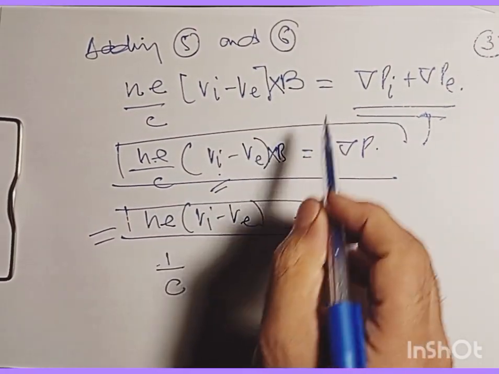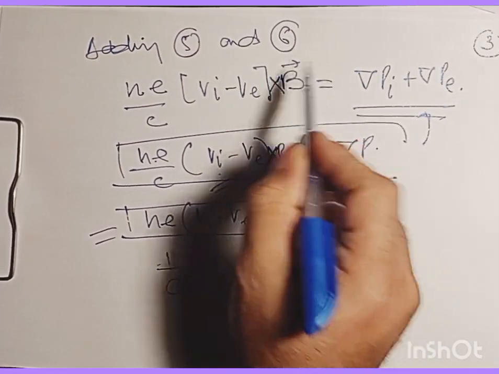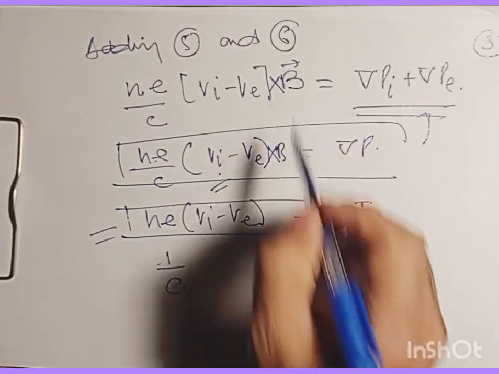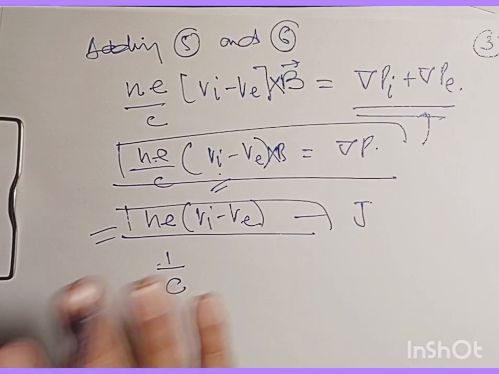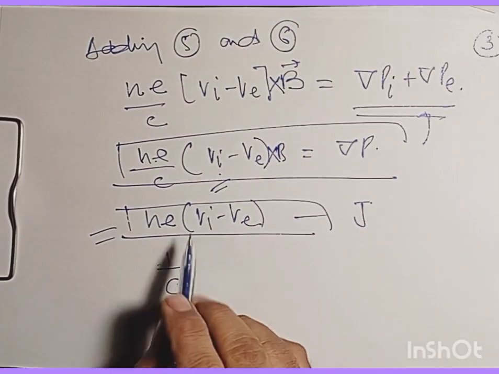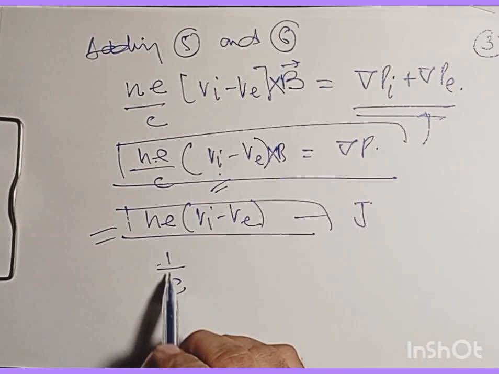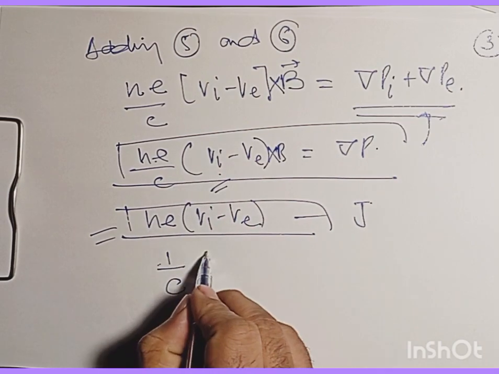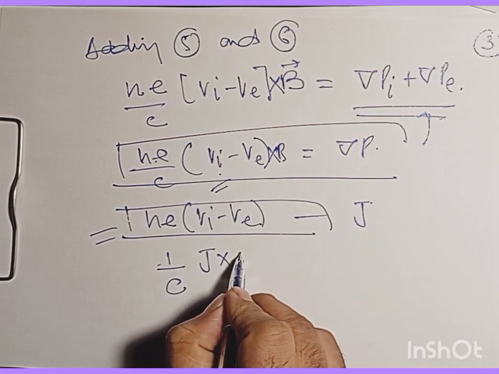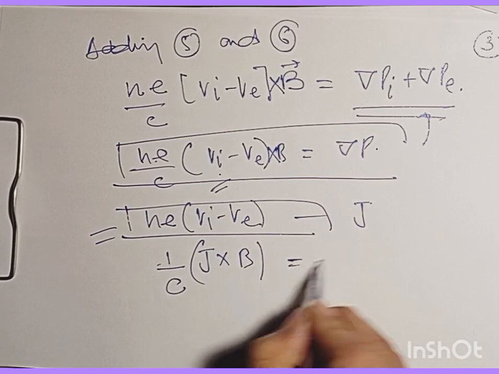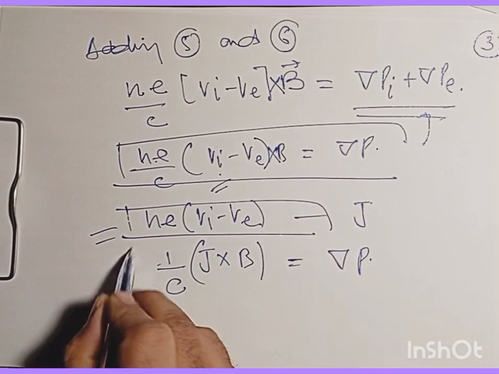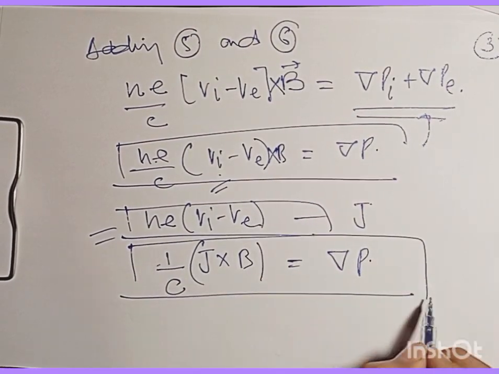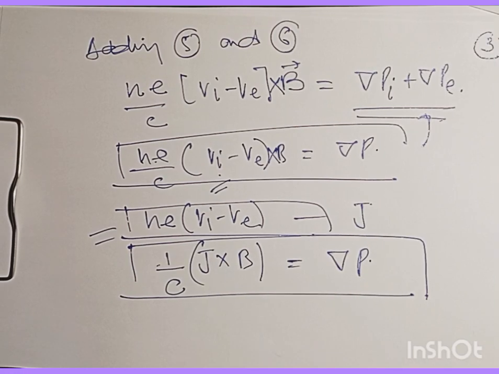Sorry, it's cross, and we understand that these are vector quantities. So let me go with the magnitude alone. So what we are getting here is 1 by c, J cross B, and this must be equal to the overall pressure gradient that is developed in the plasma.